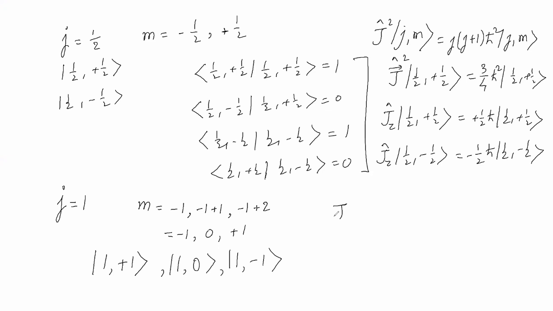And then if I ask you the question, what will be J square on 1 0, J square on 1 minus 1, J square on 1 plus 1? Who is going to answer? Where will be the change in the eigenvalue when we operate on the states 1 0, 1 minus 1, 1 plus 1?